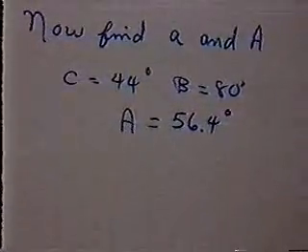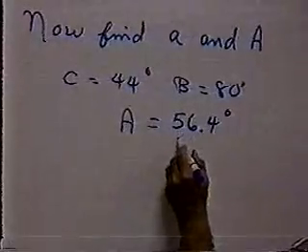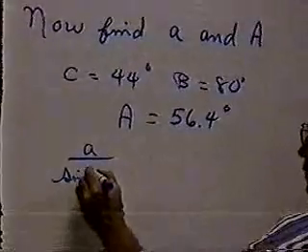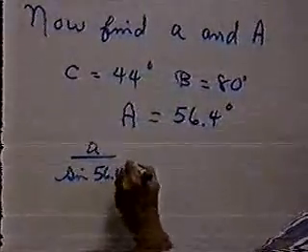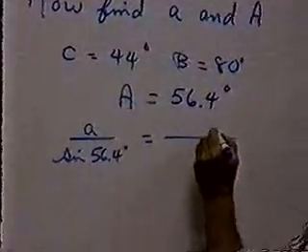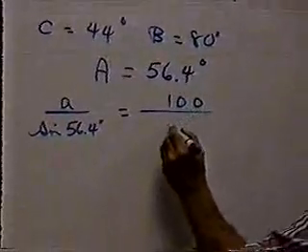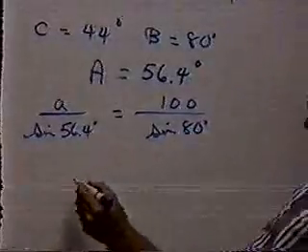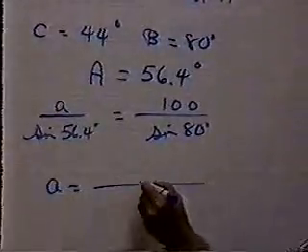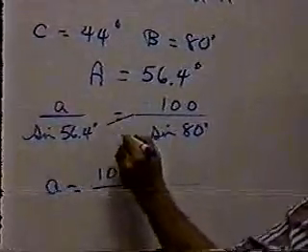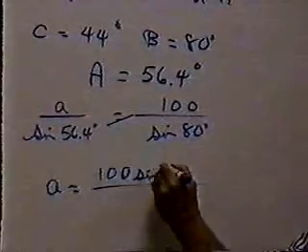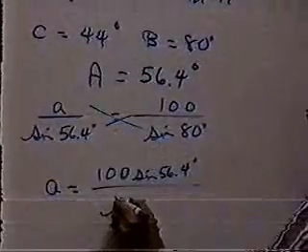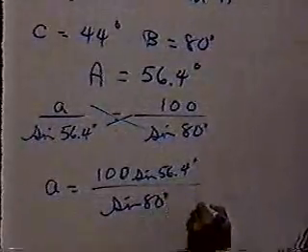Now that we have angle A, we'll say A is to the sine of 56.4 as B, 100, is to the sine of B, which is 80 degrees. And therefore A is equal to 100 times the sine of 56.4 divided by the sine of 80 degrees, cross multiplying.